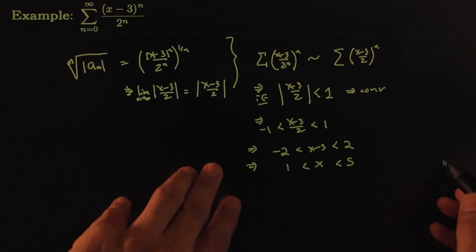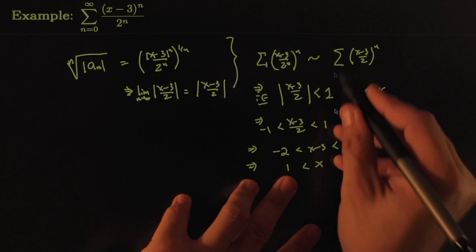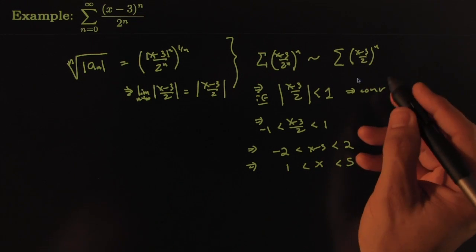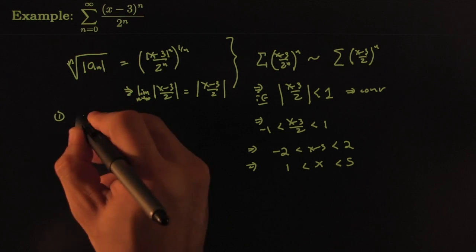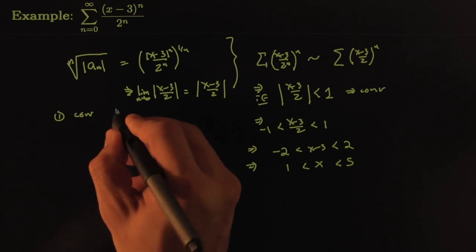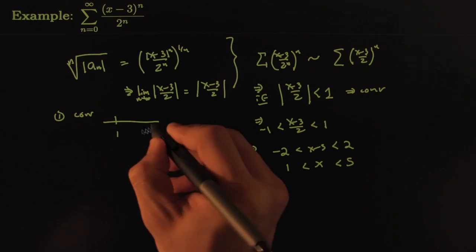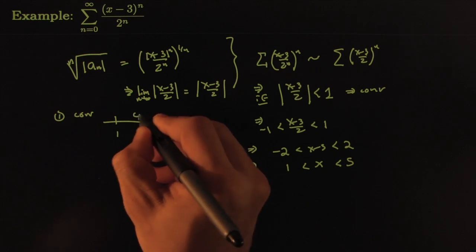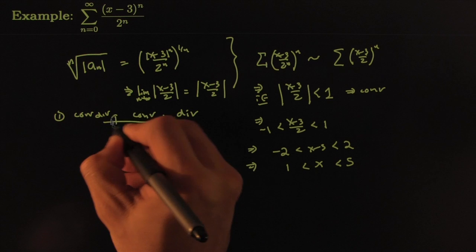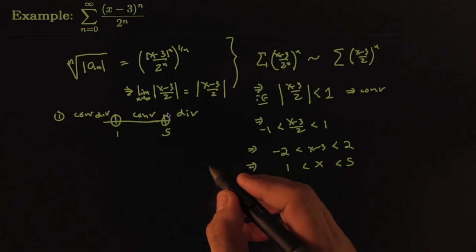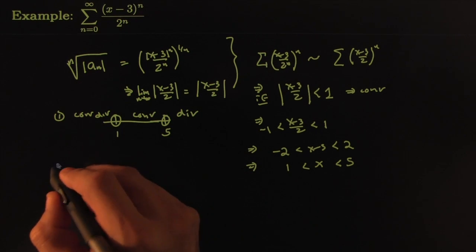Of course we have divergence outside, and at the endpoints the test is inconclusive. So here's what we know so far. It converges for x between 1 and 5. We have convergence here, we have divergence here, we have divergence here, and we don't know about those endpoints right there.